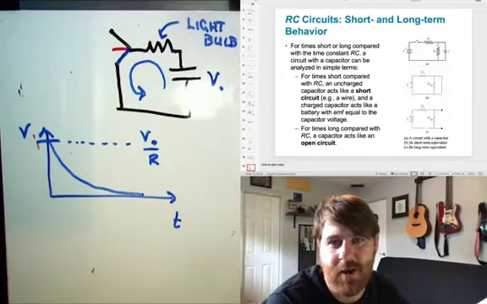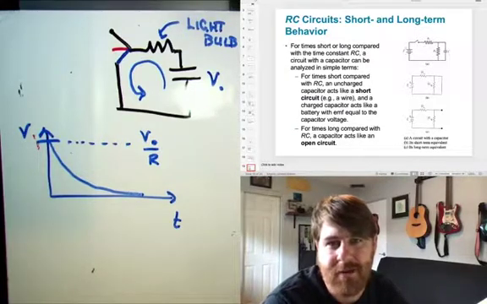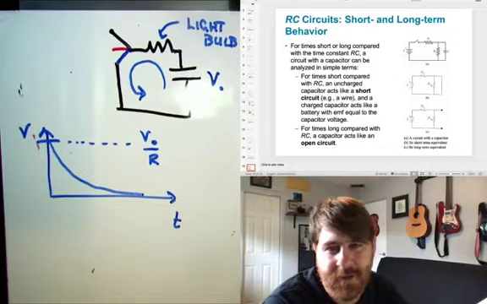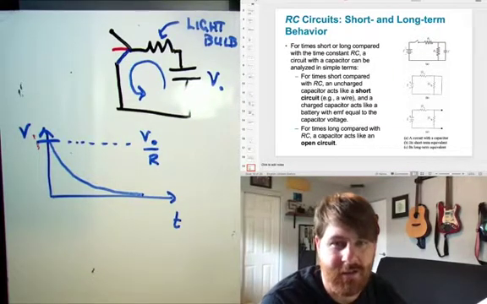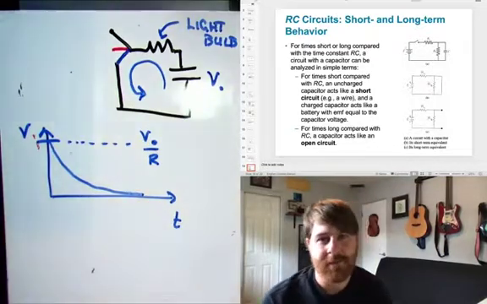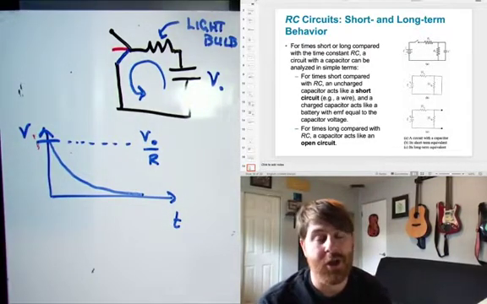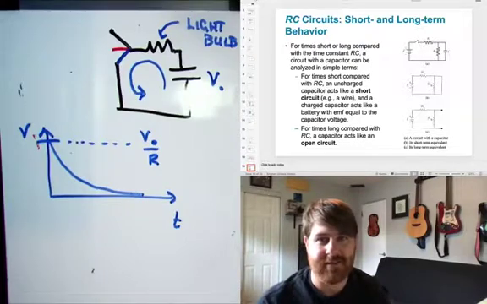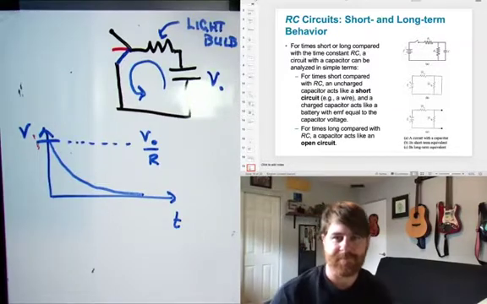It acts like a wire. And a charged capacitor acts like a battery with an EMF equal to the capacitor voltage. If we're changing things on times that are very long compared with R times C, the capacitor acts like an open circuit. It acts as if there's just an empty spot there where current cannot flow.